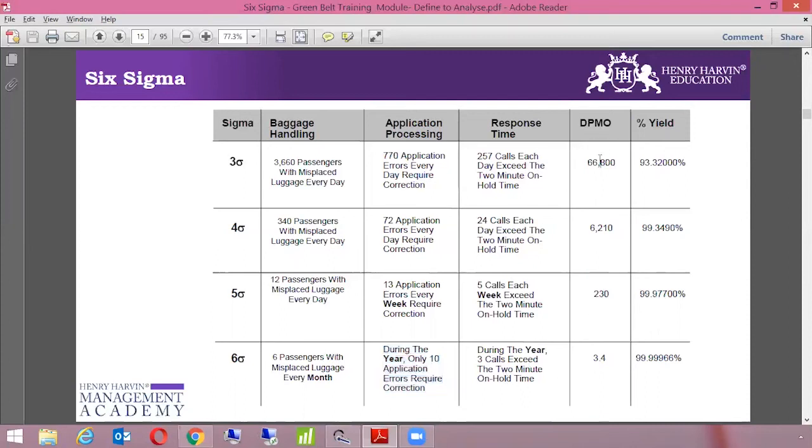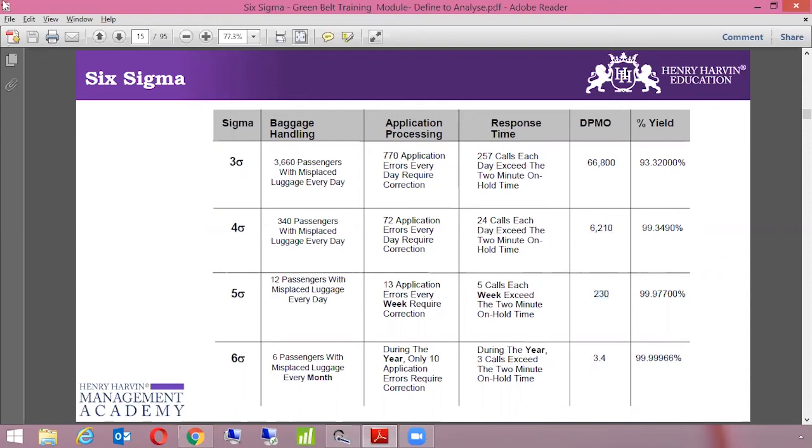These numbers talk about how many defects are expected in a million. DPMO stands for defects per million opportunities, which we are going to cover in the upcoming sessions. If the process has 66,800 defects in 1 million, we say the process is at 3 sigma. If the process has 6,210 defects, then we say the process is running at 4 sigma. If the process has 230 defects in a million, we say the sigma level is 5 sigma.